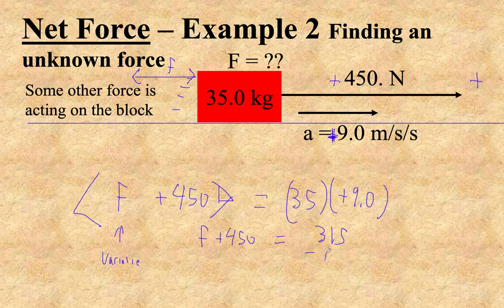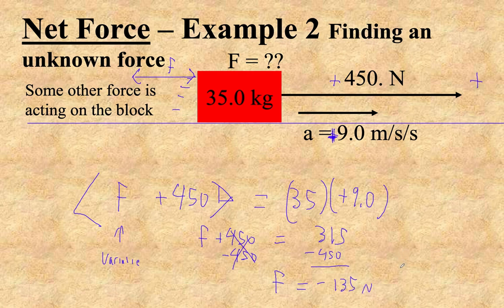So I'm going to subtract 450 from both sides. And that goes away. 315 minus 450 is equal to negative 135. So the force that's acting on this thing is actually to the left.